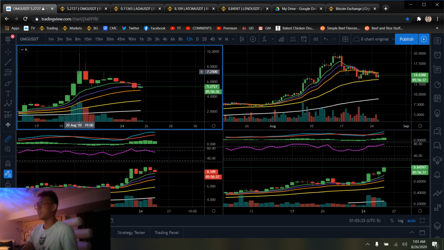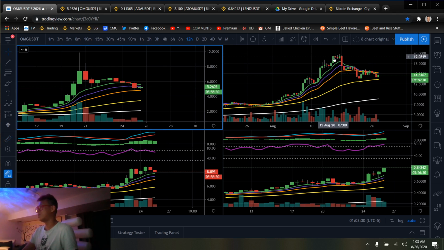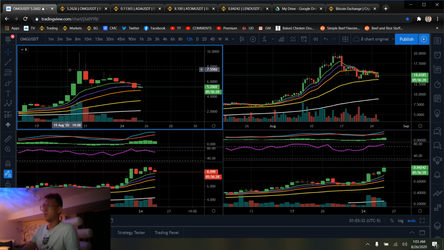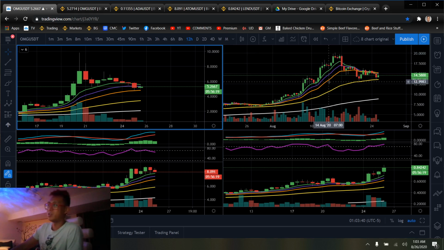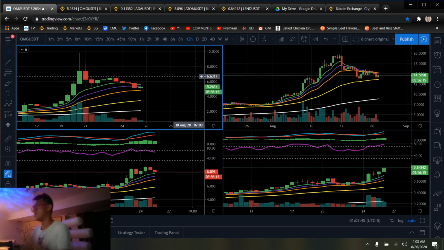OMG Go is slightly catching up with it, right? Because if you take a look at Link, it started downtrending on the 15th, whereas OMG Go started downtrending on the 20th. So while Link was basically consolidating or downtrending, OMG Go was like, bam, going to the sky, man.